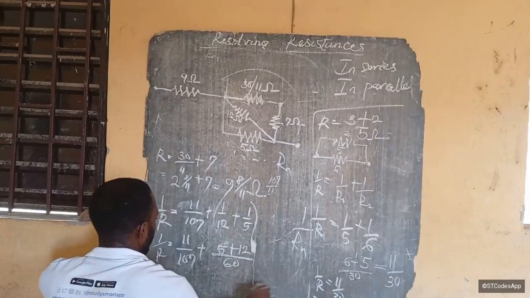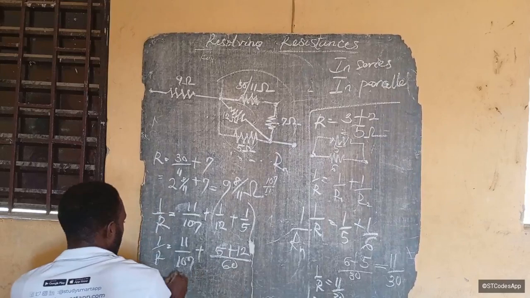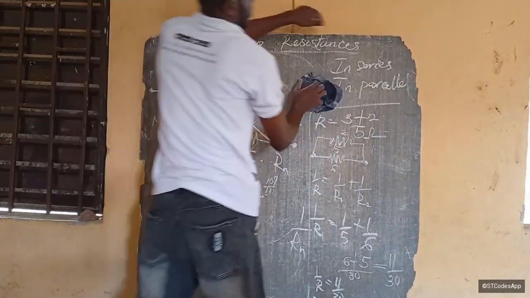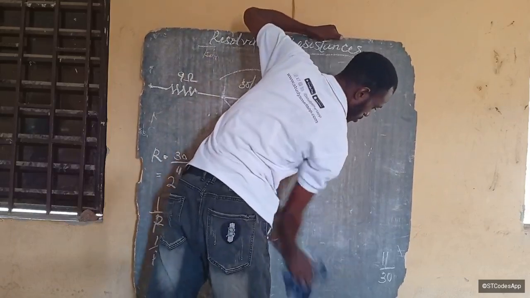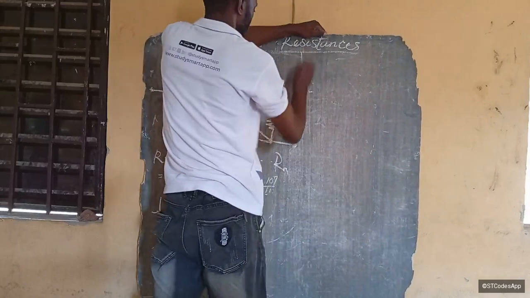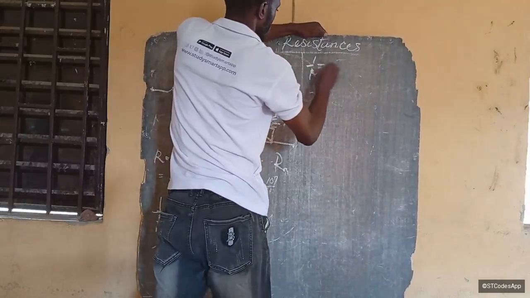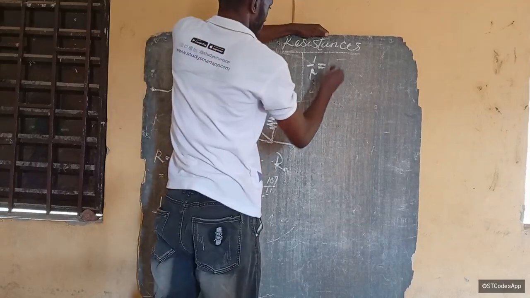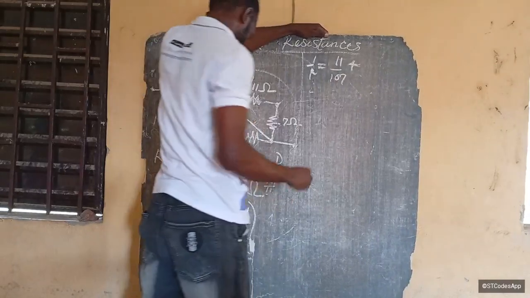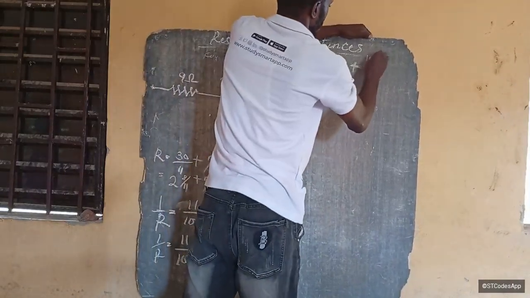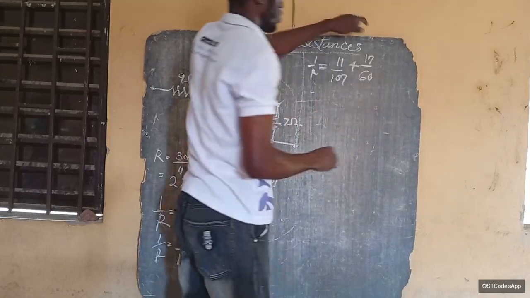So you have 1 over R will be equal to 11 over 107 plus 17 over 60.